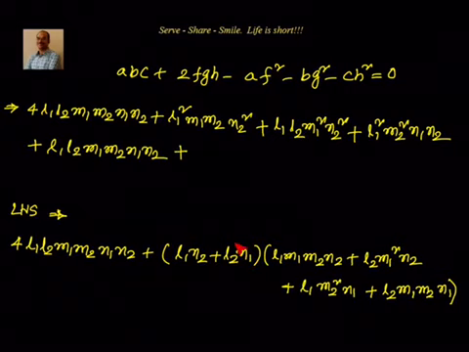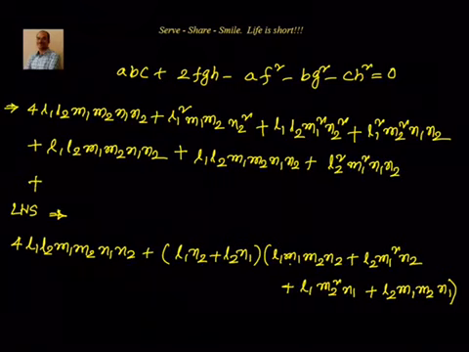Now we'll take L2 N1 and multiply with each of these. L2 N1 into L1 M1 M2 N2 is nothing but L1 L2 M1 M2 N1 N2, plus L2 N1 into L2 M1 square N2, so L2 square M1 square N1 N2.